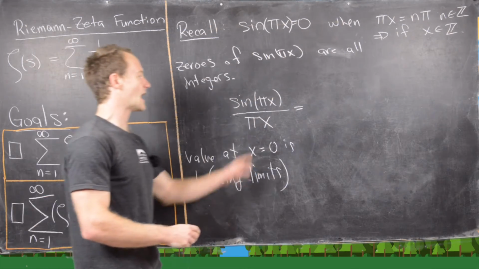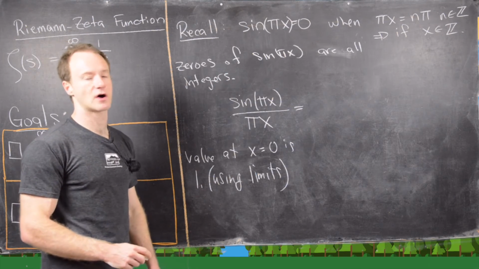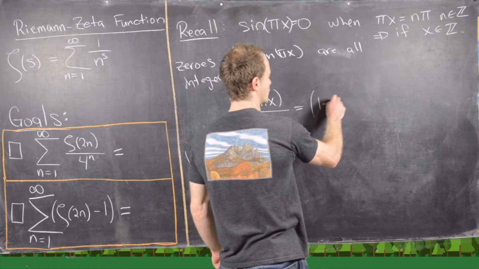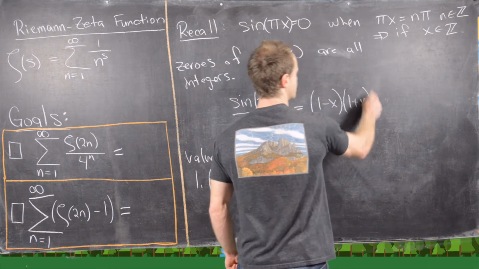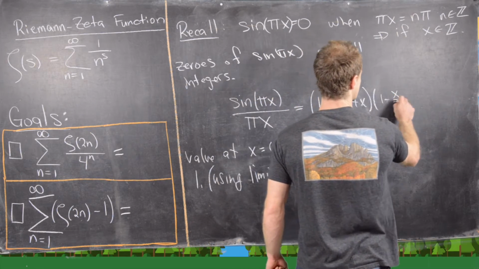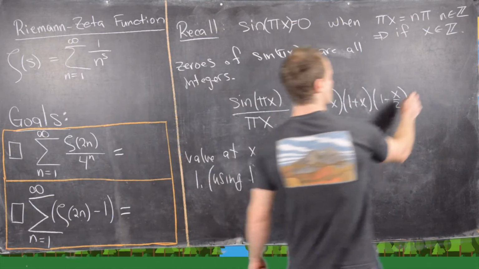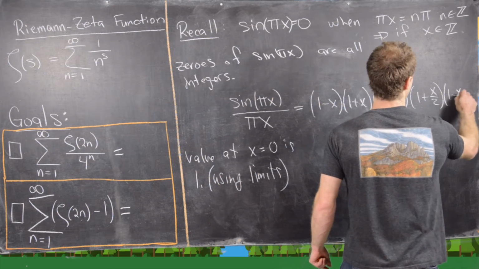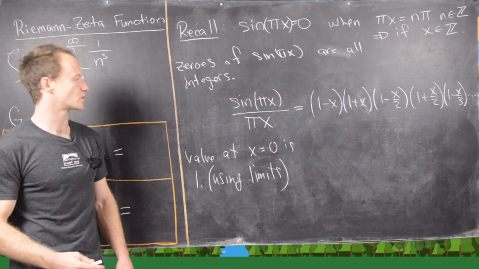Okay, great. And now let's factor this as well using the fact that all of our roots are non-zero integers. So we have a root which is 1 minus x, one which is 1 plus x, 1 minus x over 2, so that would be x equals 2 being a root, 1 plus x over 2, 1 minus x over 3, and so on and so forth. Now let's check that this works.